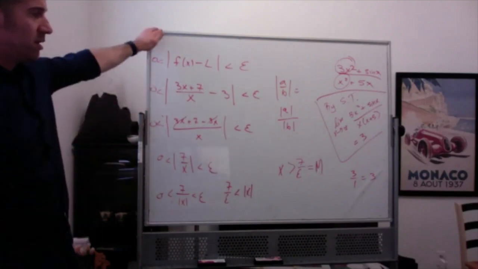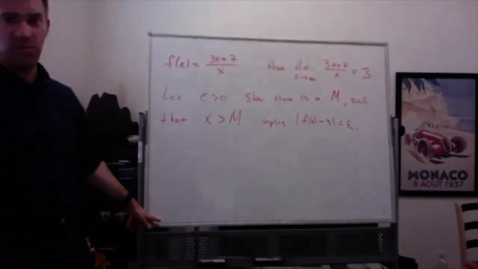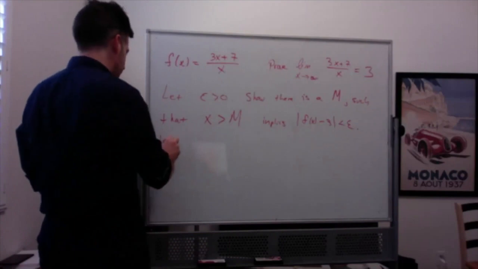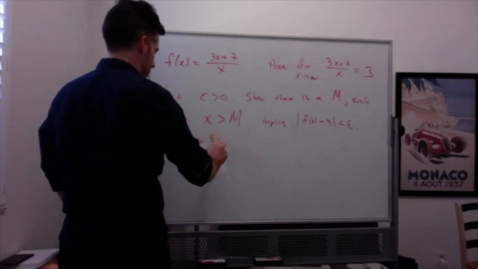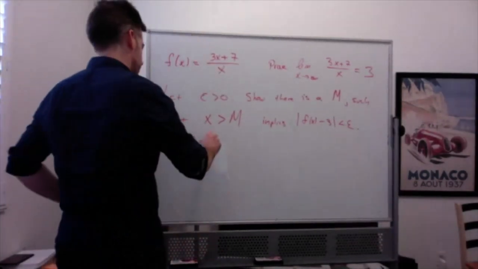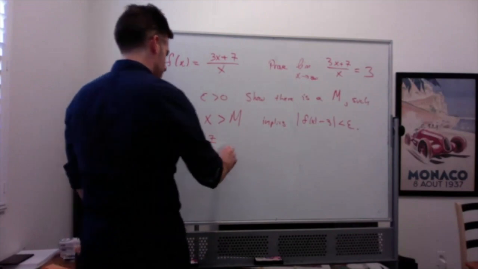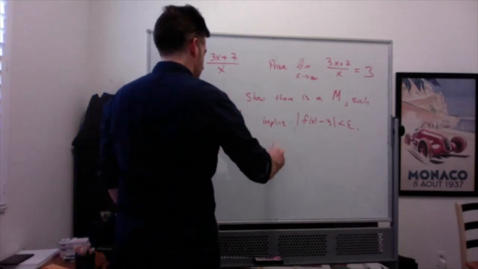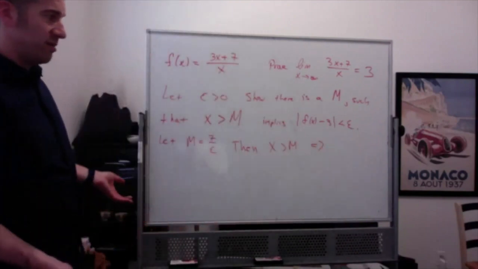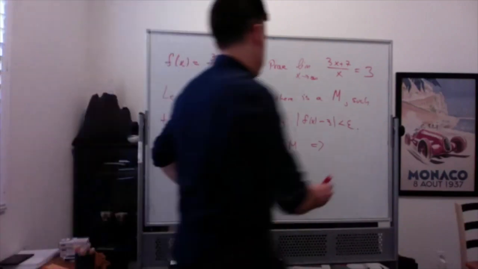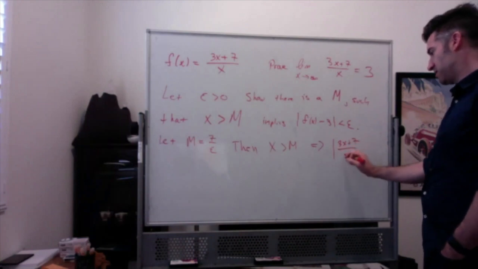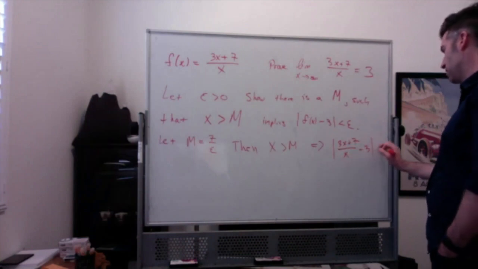Okay. So then this is where I'm always kind of like, how much do we write? I don't know. So let M equal epsilon over 7. Nope, I'm sure it's 7 over epsilon. Then x greater than M implies, and this is where you can either say, implies by all the work we did before, that the absolute value of 3x plus 7 over x minus 3 is less than epsilon.